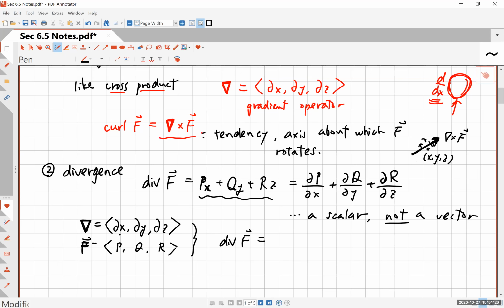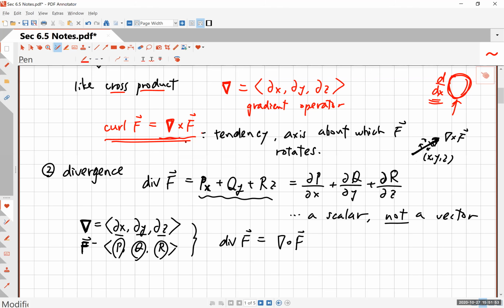After all, you differentiate the first with respect to x, the second with respect to y, the third with respect to z, and add them. So another way to denote the divergence of f is the gradient operator dotted with f.